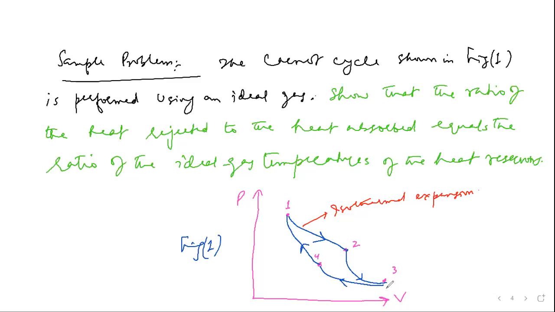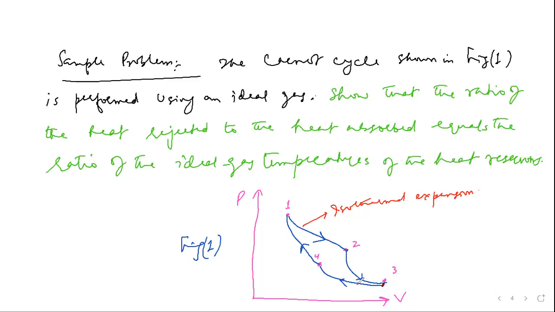Now similarly, heat rejected to the cold reservoir equals the work done on the gas in the isothermal compression. Now isothermal compression takes place from point 3 to point 4. Now the heat is rejected during this step, and heat rejected to the cold reservoir equals the work done on the gas.